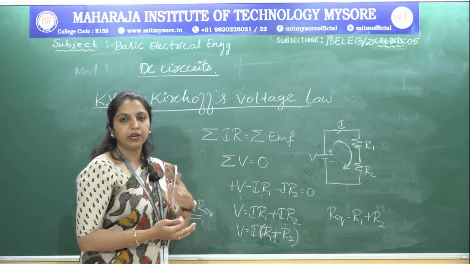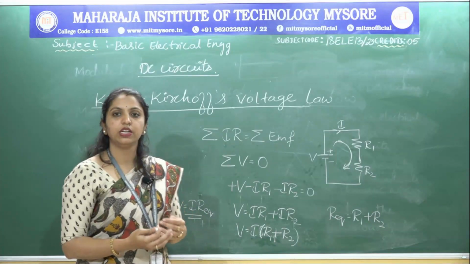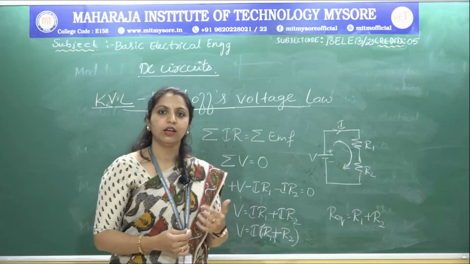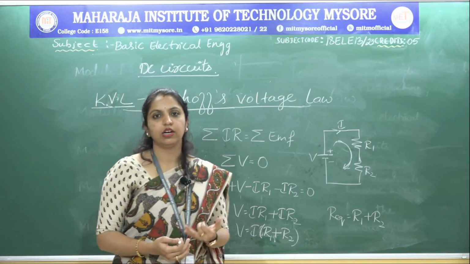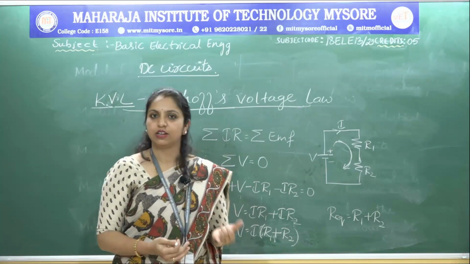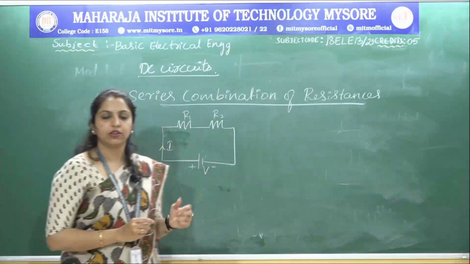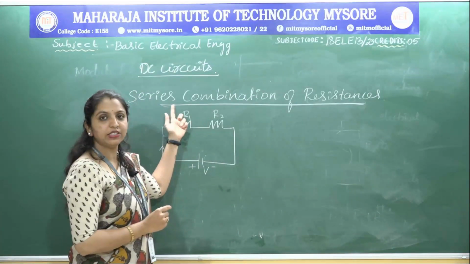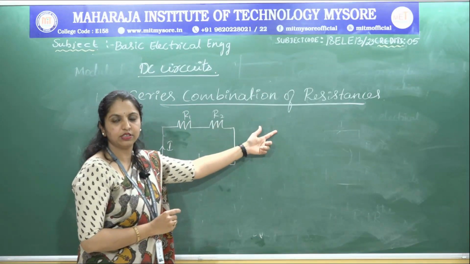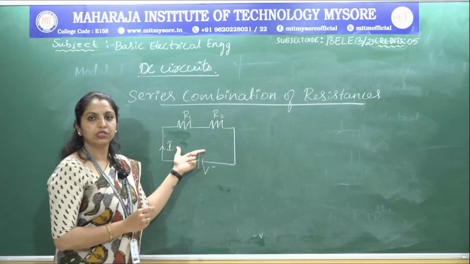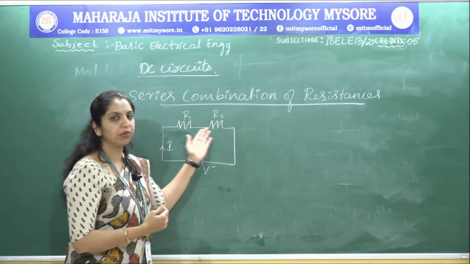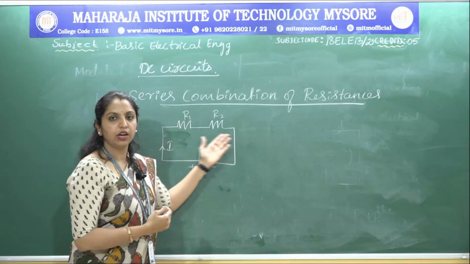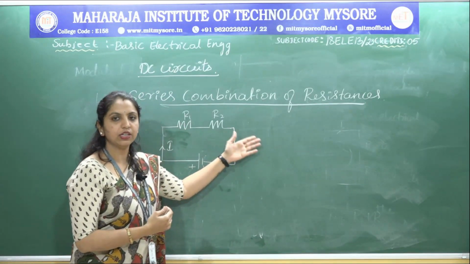In the next topic we are going to discuss the series combination of resistances and the parallel combination of resistances based on Kirchhoff's voltage law and Kirchhoff's current law. Next we have the series combination of resistances. Look at the circuit. Series combination means we can have any number of resistances connected one after the other.